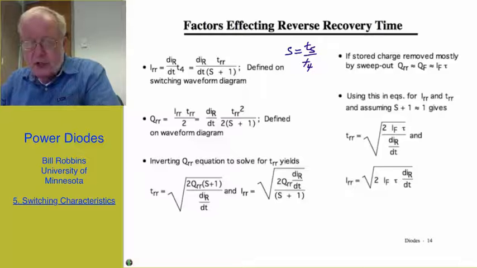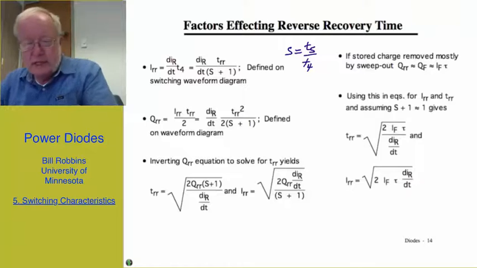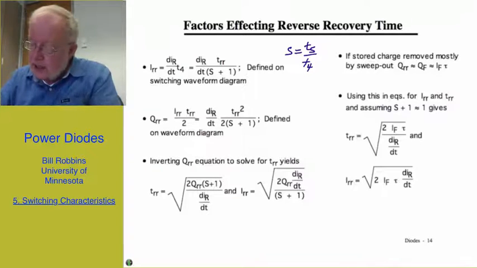So if you have a very short turnoff, a so-called snappy turnoff, T5 is quite small, and you're going to get very large rates of change of current, and hence any inductance is going to probably give you a significant overvoltage. We can also write an expression for Q sub RR, as I've done here.